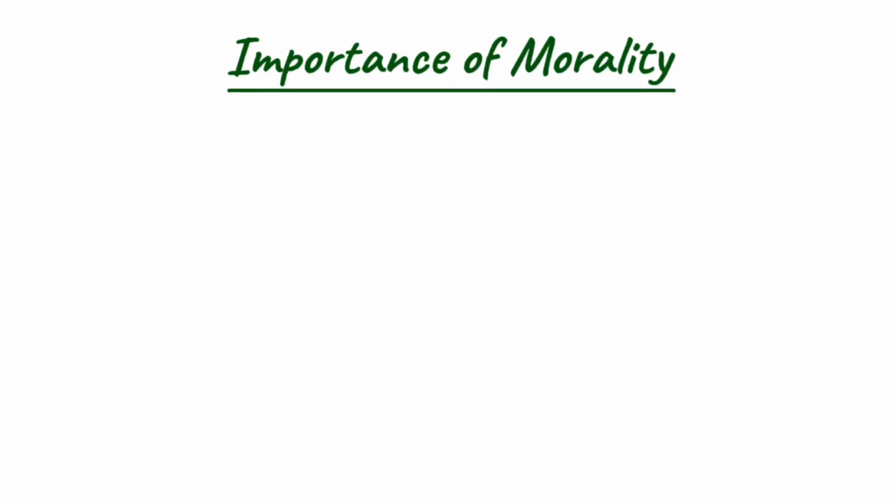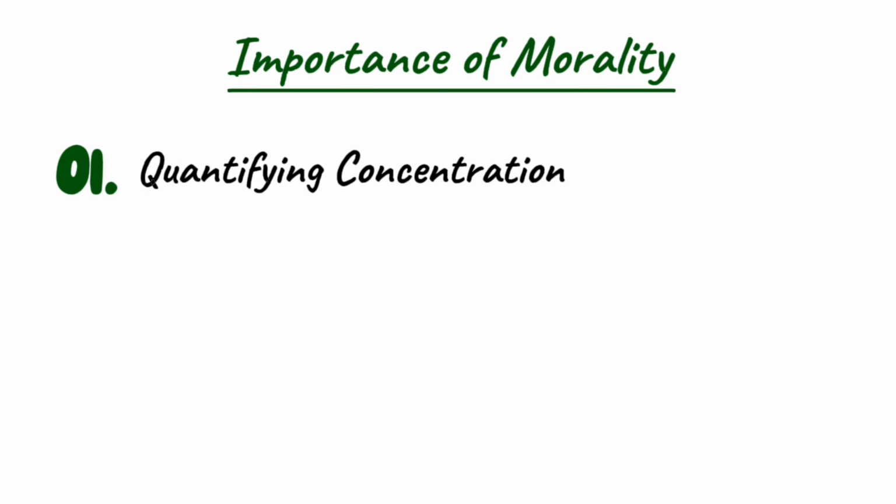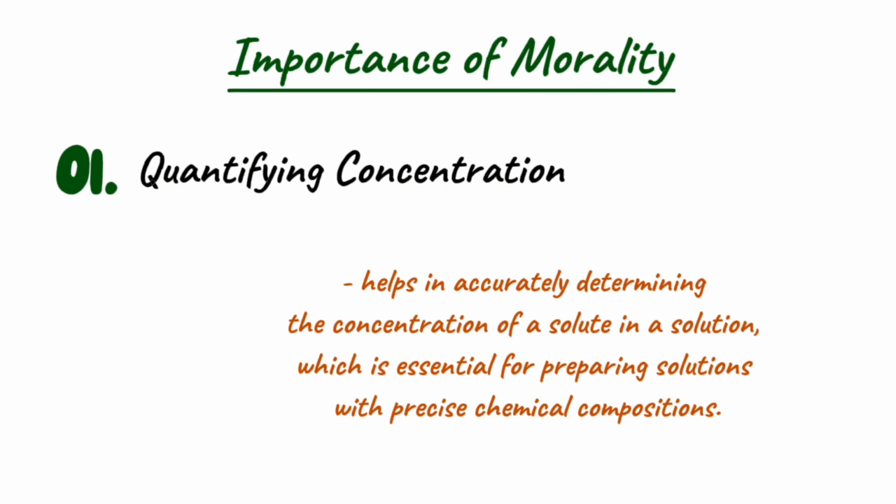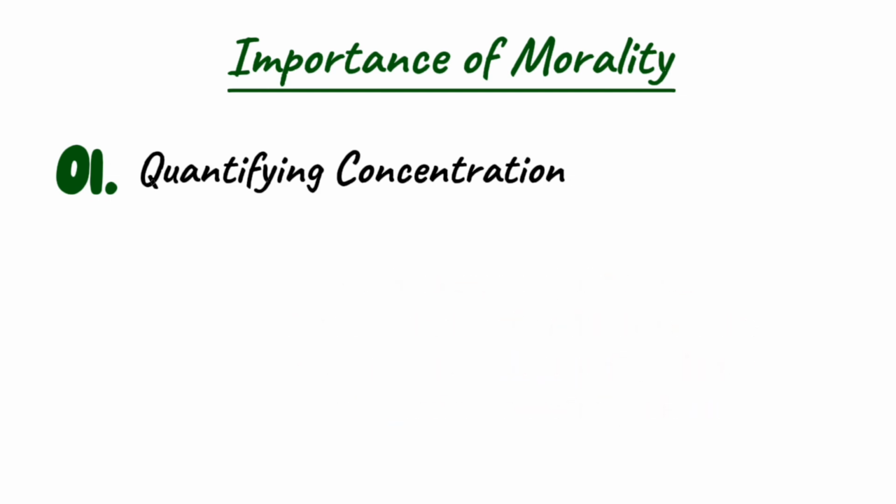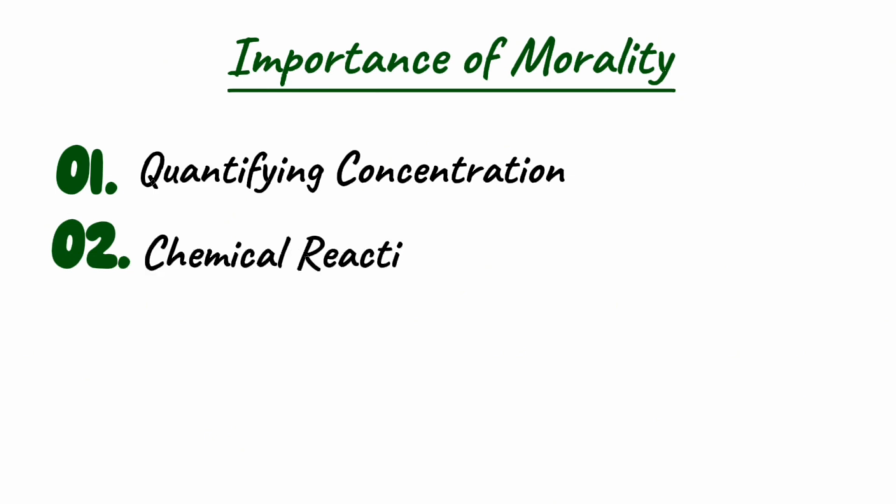What is the importance of molarity? Number 1. Quantifying concentration. Molarity helps in accurately determining the concentration of a solute in a solution, which is essential for preparing solutions with precise chemical compositions. Number 2. Chemical reactions.